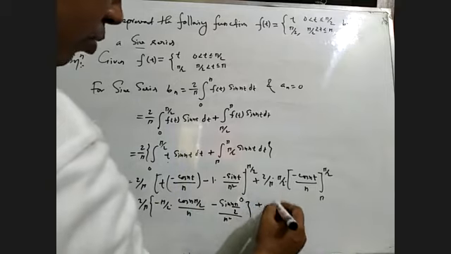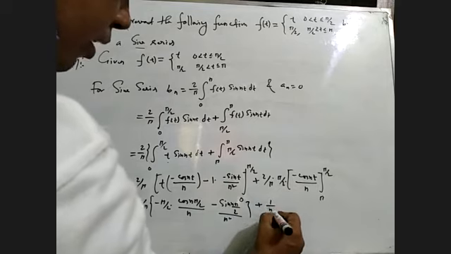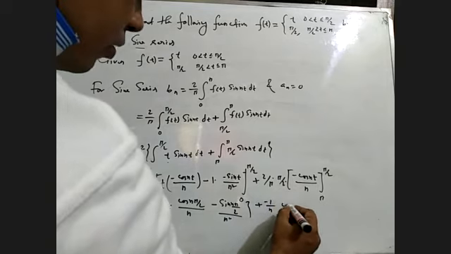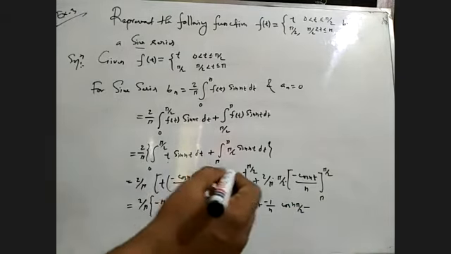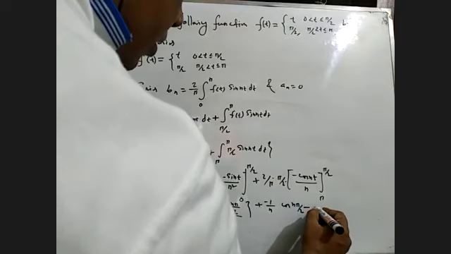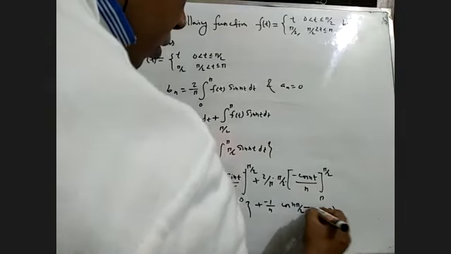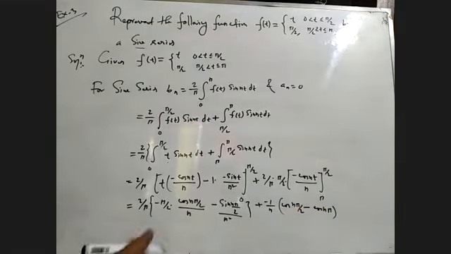Pi will be cancelled, 2 will be cancelled. We get 1 by n, cos n pi by 2 minus cos n pi. This equals 2 divided by pi.